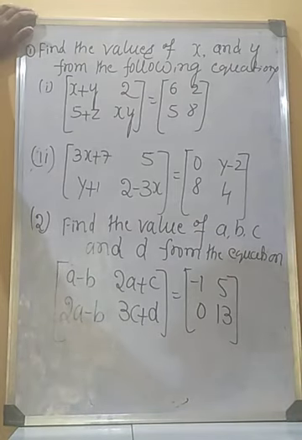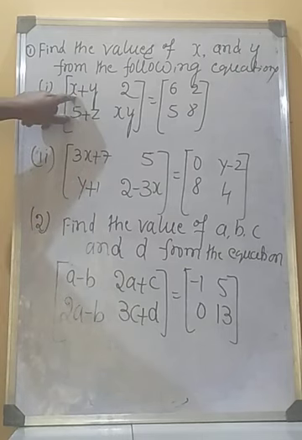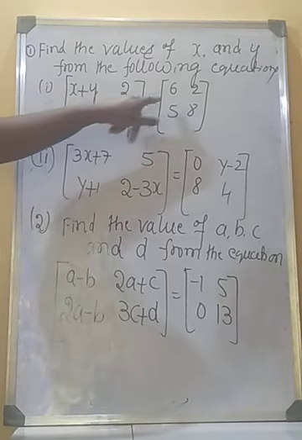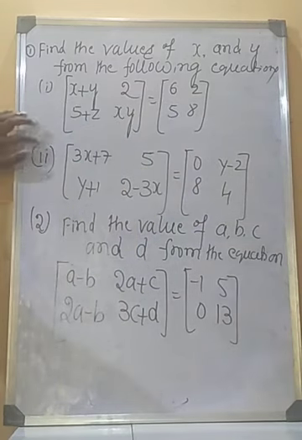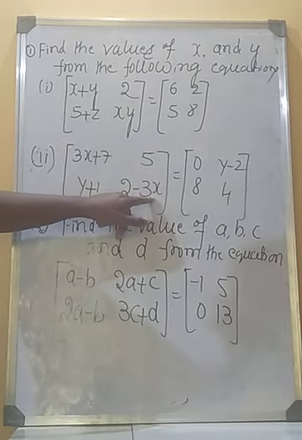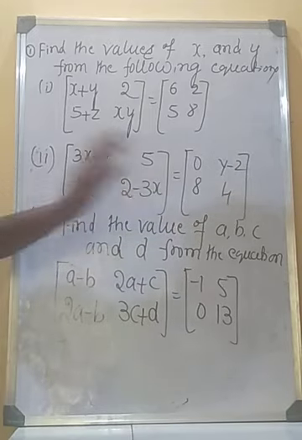Find the values of x and y from the following equations. Equation 1: matrix [x plus y, 2; 5 plus z, xy] equals matrix [6, 2; 5, 8]. Second one: [3x plus 7, 5; y plus 1, 2 minus 3x] equals [0, y minus 2; 8, 4].